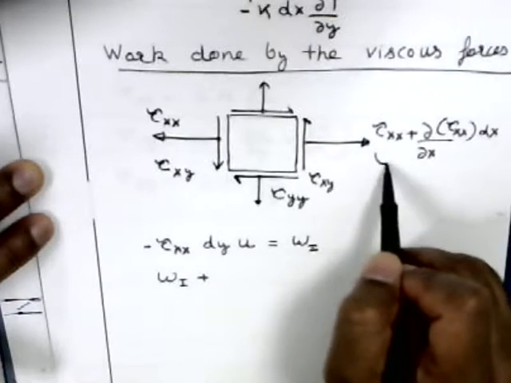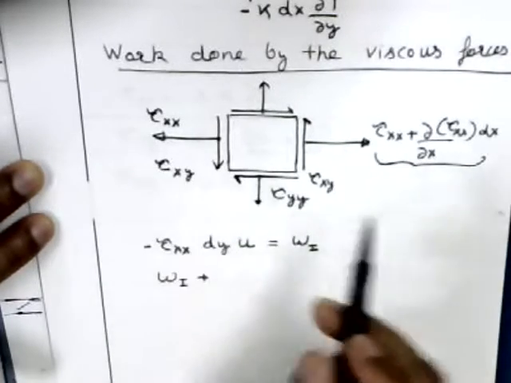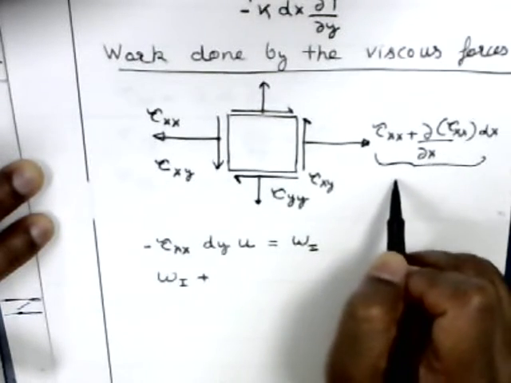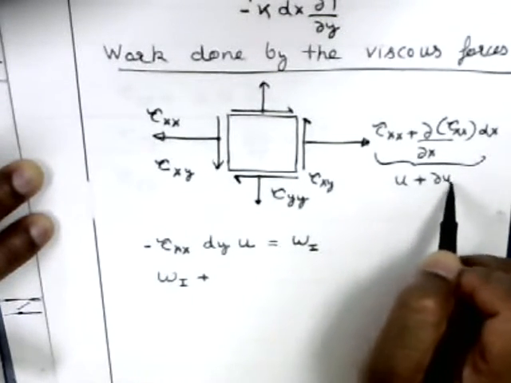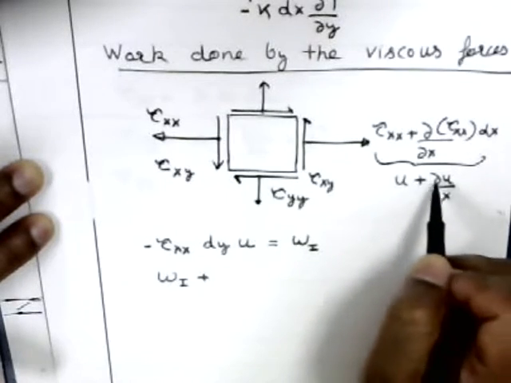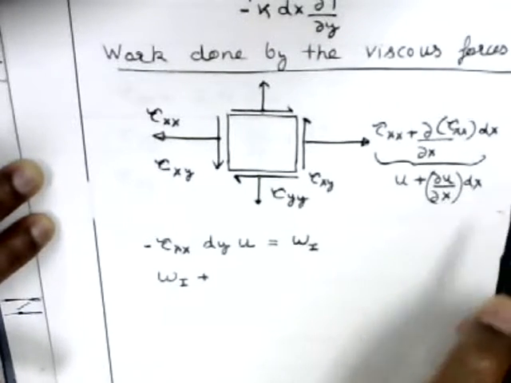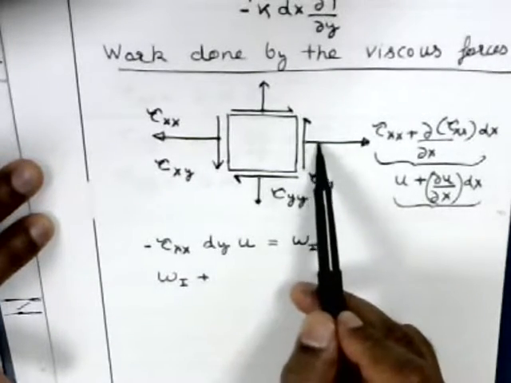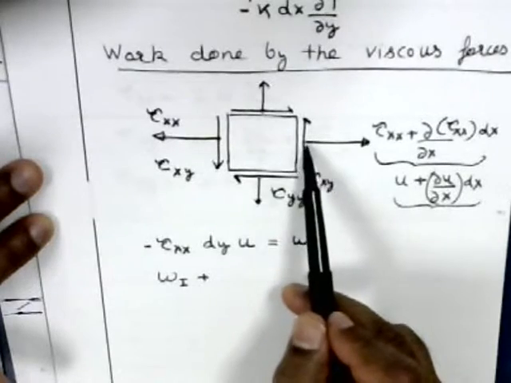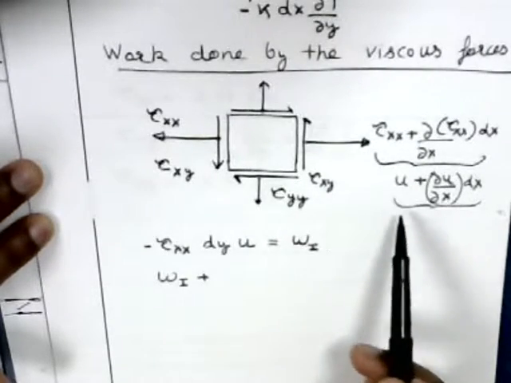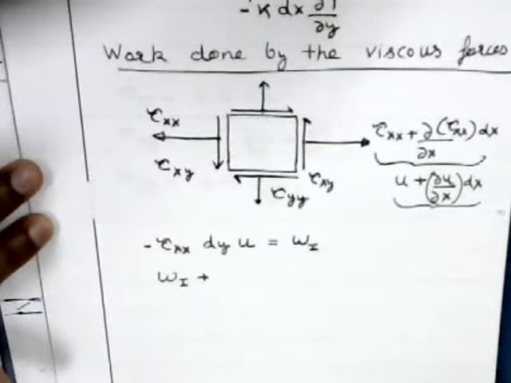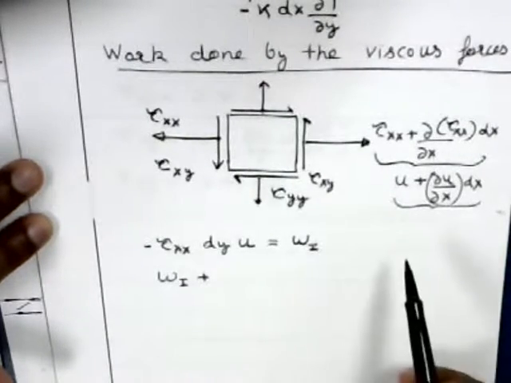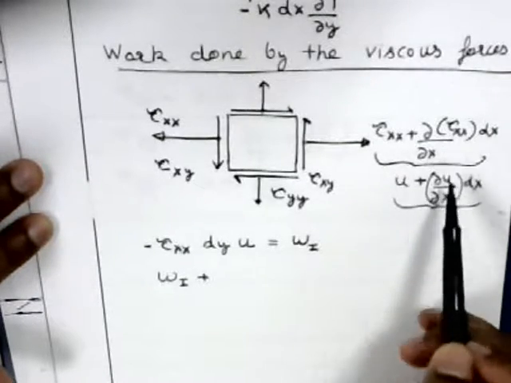And if the velocity was u at the left face, the velocity at this point is going to be u plus del u del x times dx. This is the velocity here. Now you see, the force is in this direction and the velocity is also in this direction. So the work done by this force is positive, and it is going to be a product of these. And we can neglect the higher order term, which will be a product of these two.